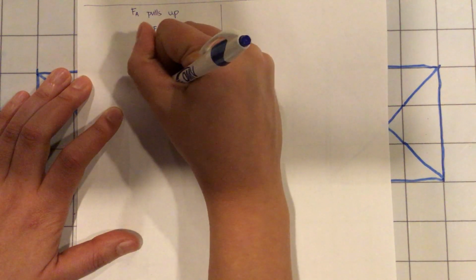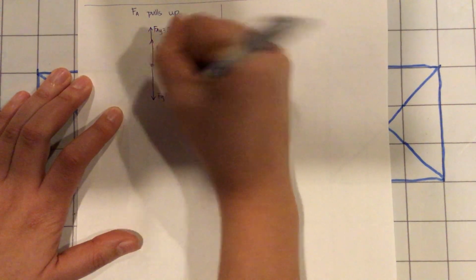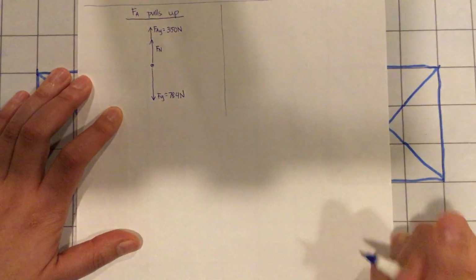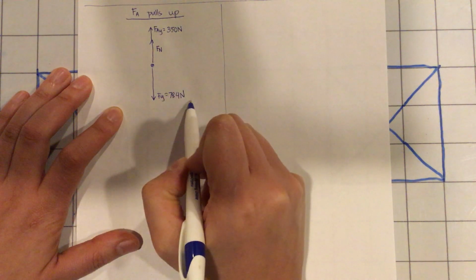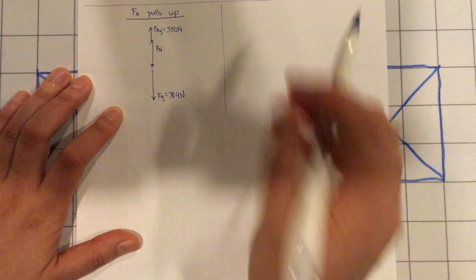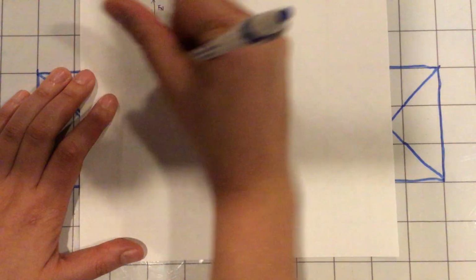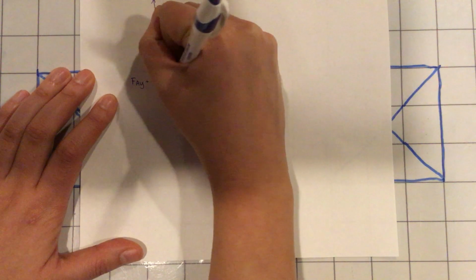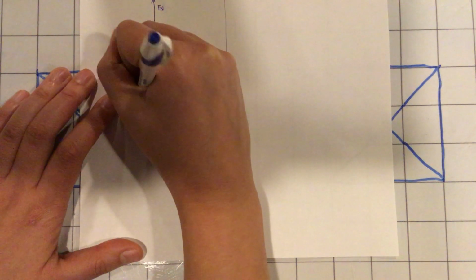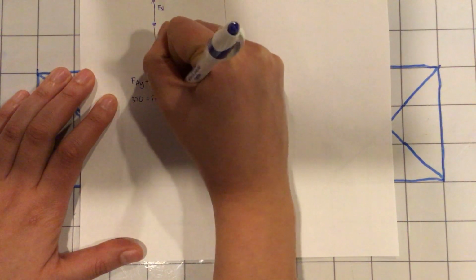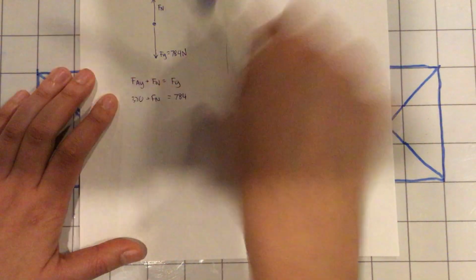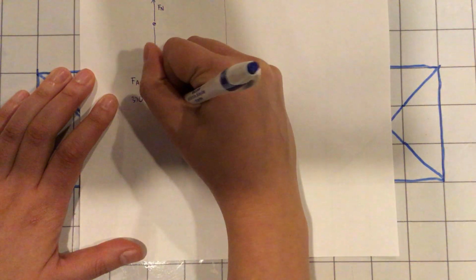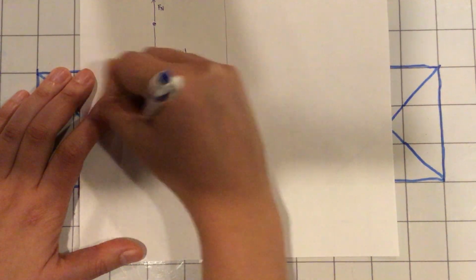Gravity pulls down at 784. What that means is in cases where the applied force pulls up, the normal force is smaller than the gravitational force. We could write this as FAY plus Fn equals Fg, or 350 plus Fn equals 784. So subtracting it to the other side gets our desired normal force of 434 newtons up.